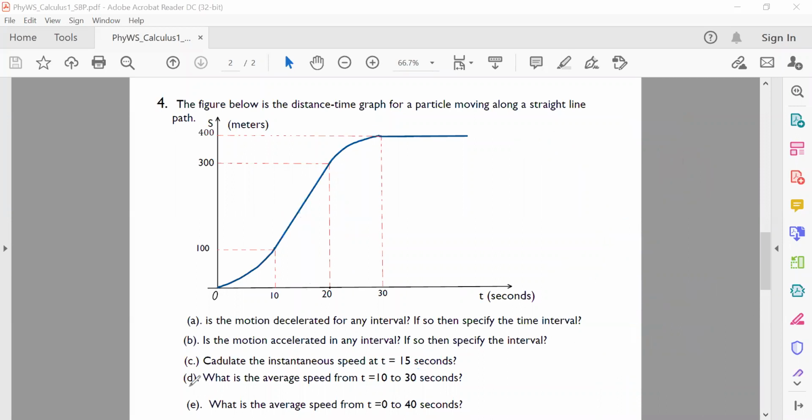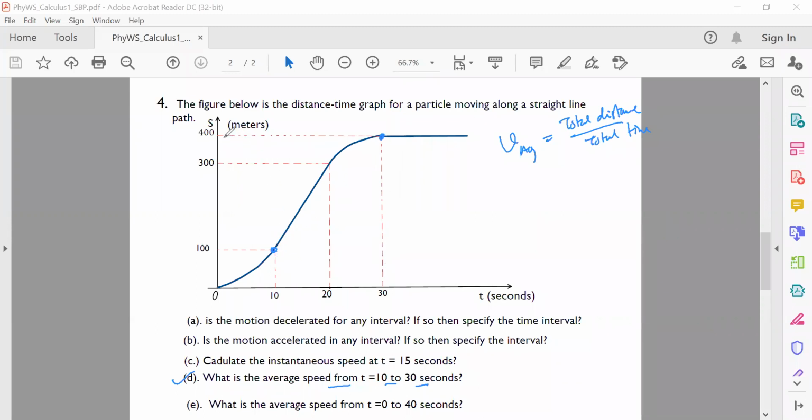Okay, now let's come to this part. What is the average speed from 10 to 30 seconds? So average speed, we'll just use the definition. Average speed is equal to total distance upon total time. So we are talking about 10 to 30 seconds. We are talking from this time to this time.